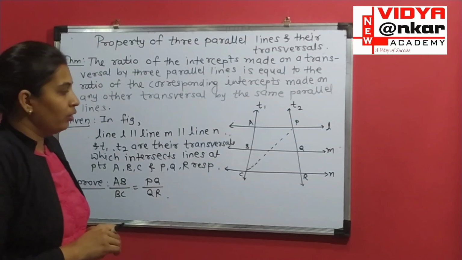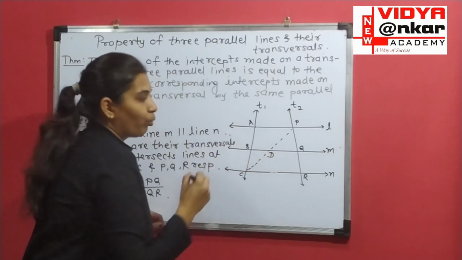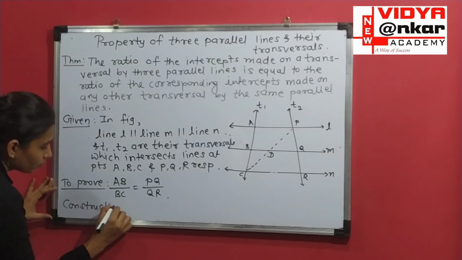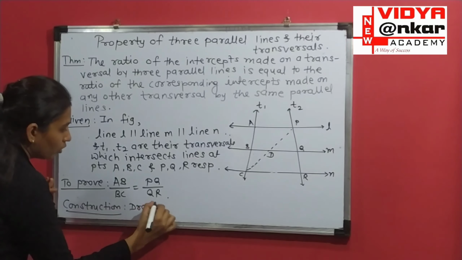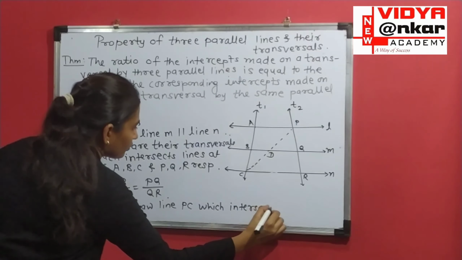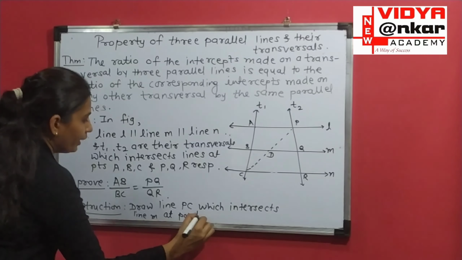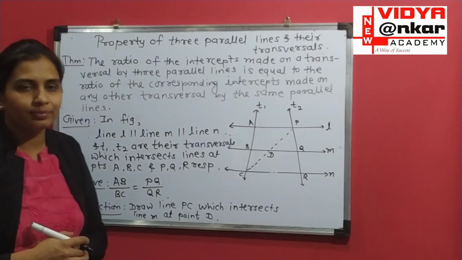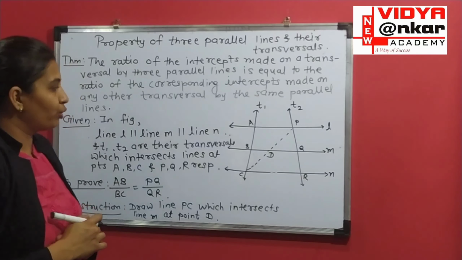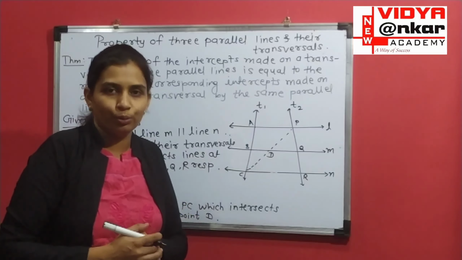So I have drawn a segment PC which intersects this line M at point D. So our construction will be: draw line PC which intersects line M at point D. Okay students, this is our given, to prove, and construction. Now we have to prove that AB upon BC equals PQ upon QR.